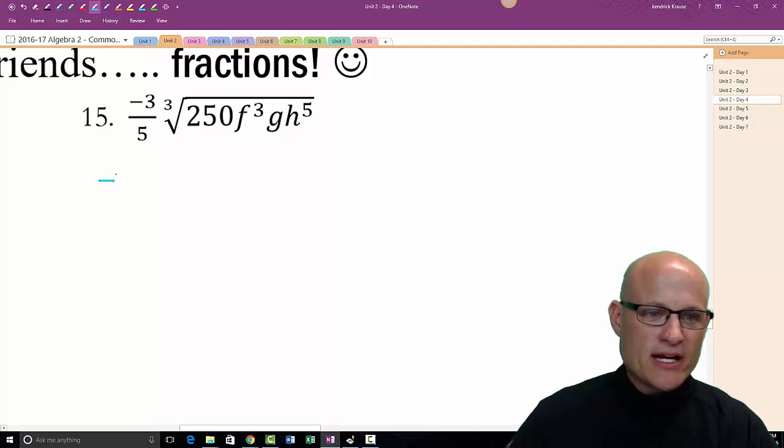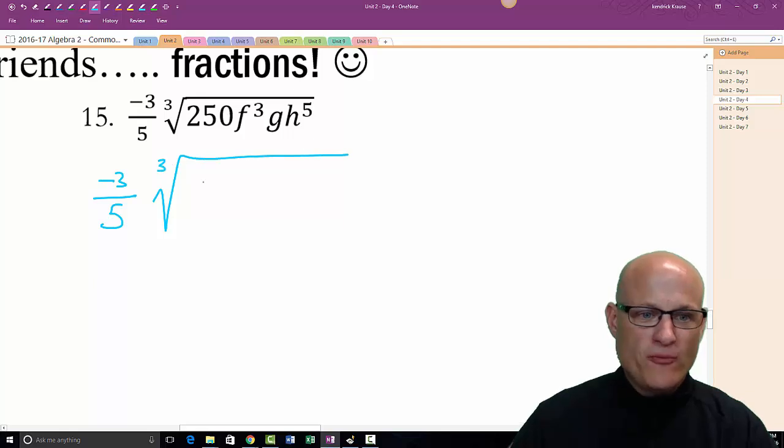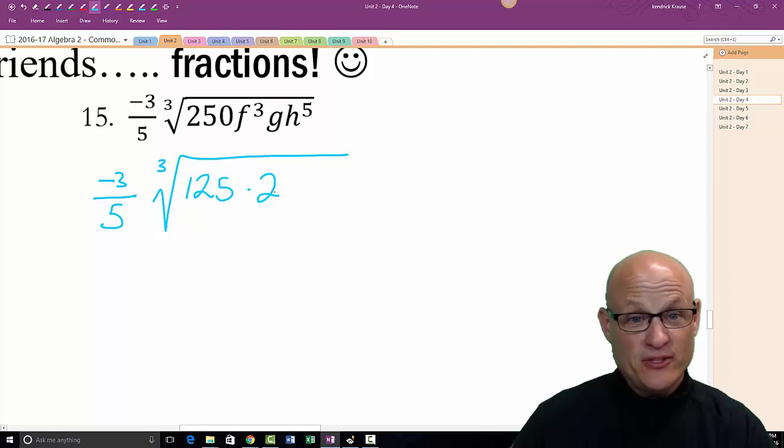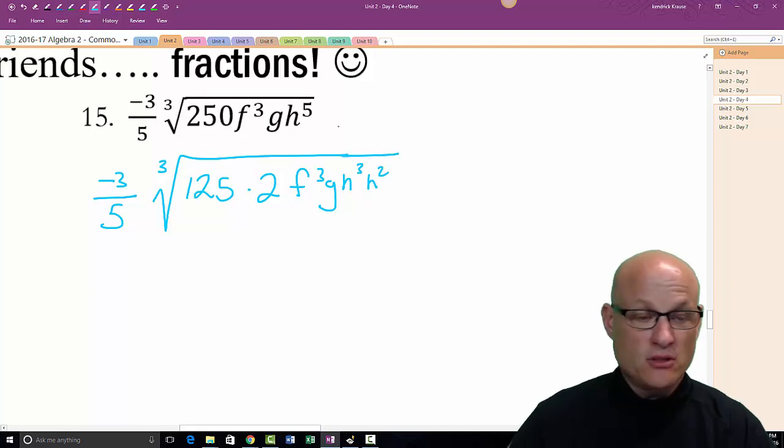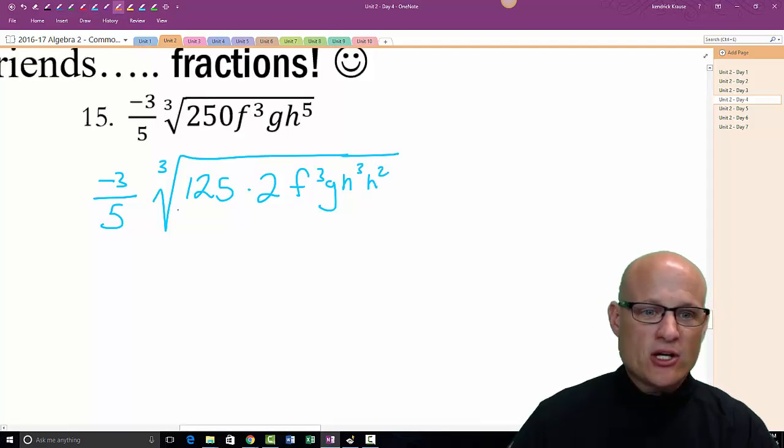All right, we're going. -3/5 cube roots of. Hopefully you picked 125 times 2. That's 250. f cubed g h cubed h squared. Oh, this is a lot like that last one. The cube root of 125 is 5. The cube root of f cubed is f.